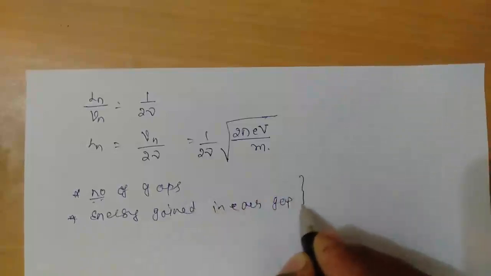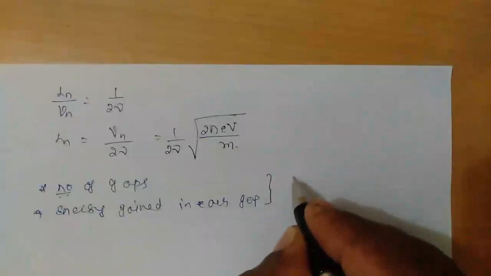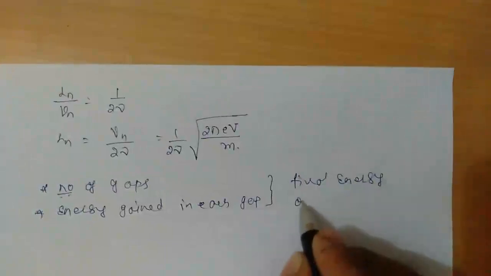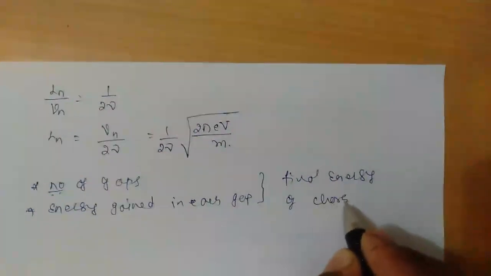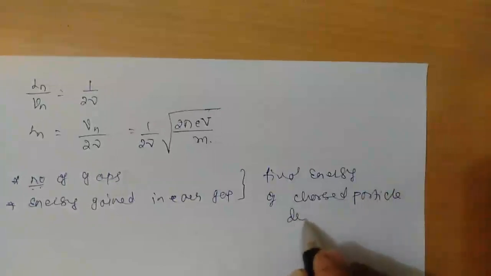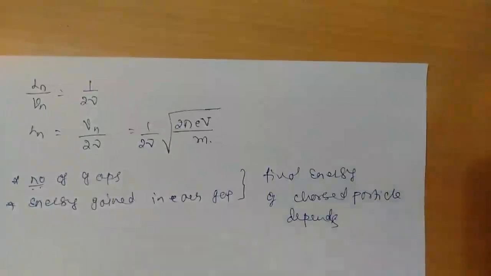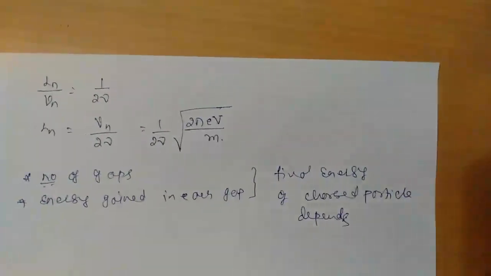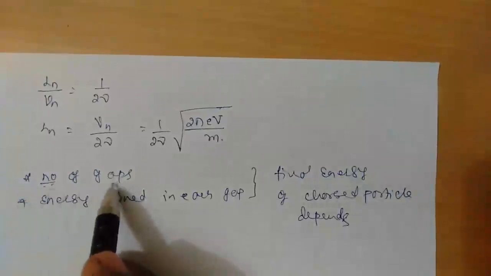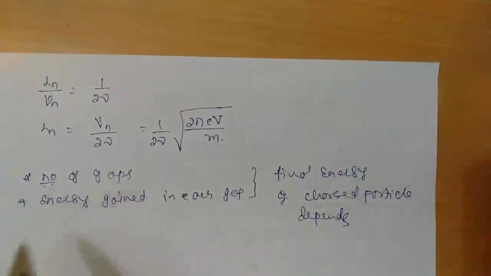So these are the two factors on which the final energy of the charged particle depends. Remember students, the final energy of the charged particle coming out of the accelerator mainly depends on the number of gaps and also on the energy gained in each gap.